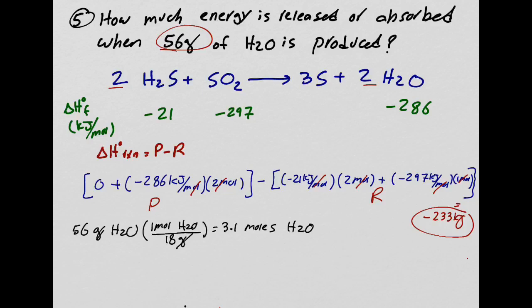So this reaction, the way it is, it will produce 233 kilojoules of energy. When you produce 233 kilojoules of energy, how many moles of water do you need? 2. So if I have 2 moles of water, I am producing 233 kilojoules of energy.